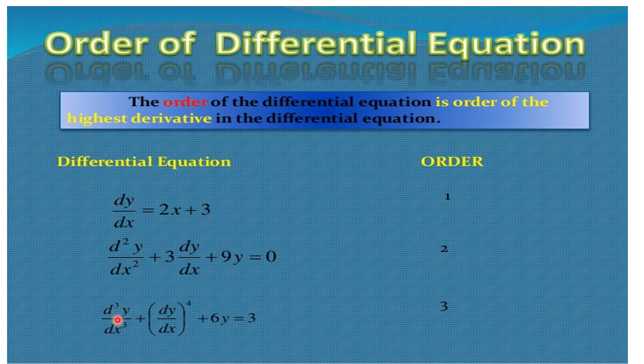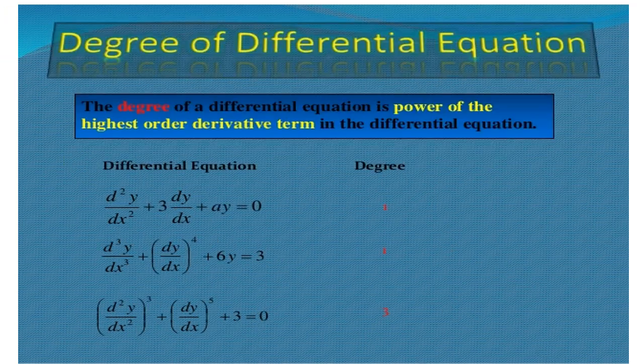Similarly, the highest derivative here is of order 3, so the order of this differential equation will be 3. So this is all about the presentation of a differential equation and the order of a differential equation.